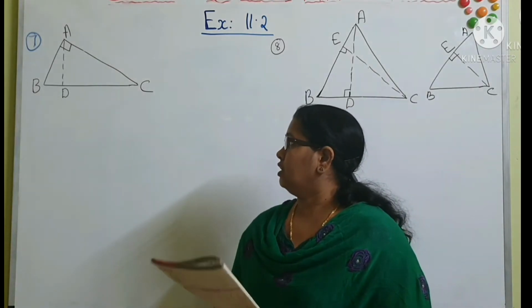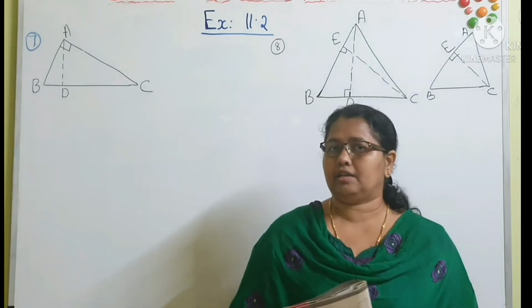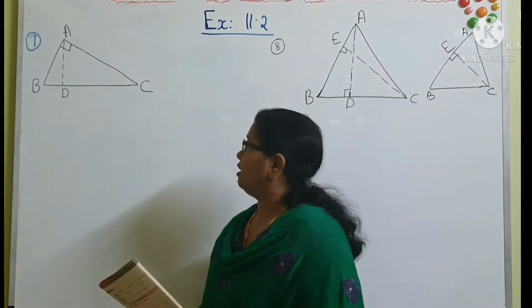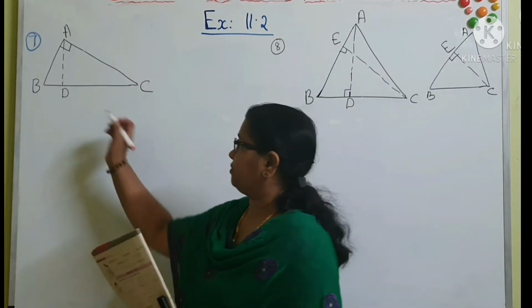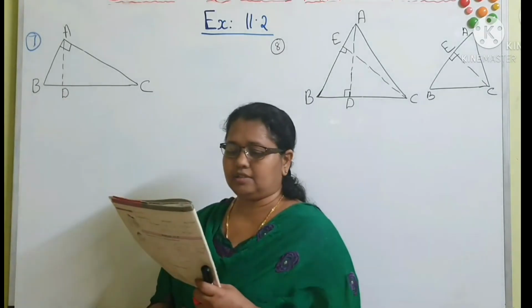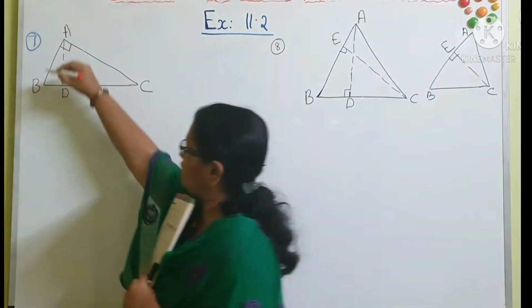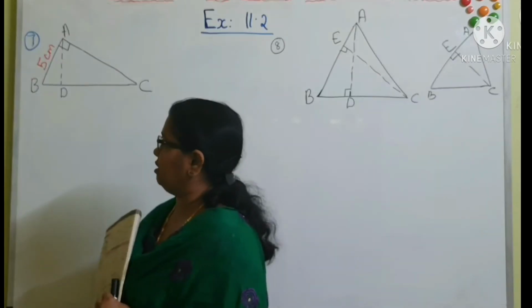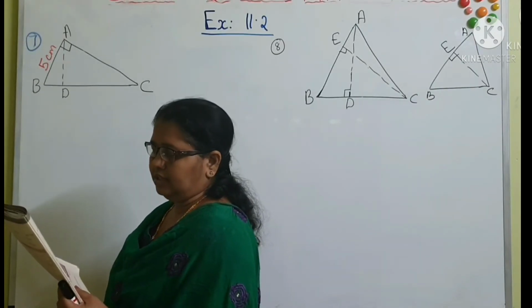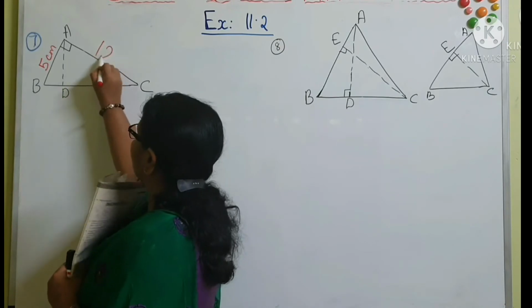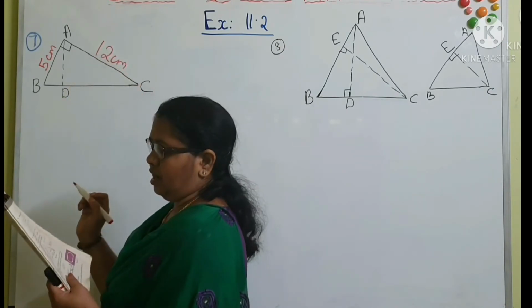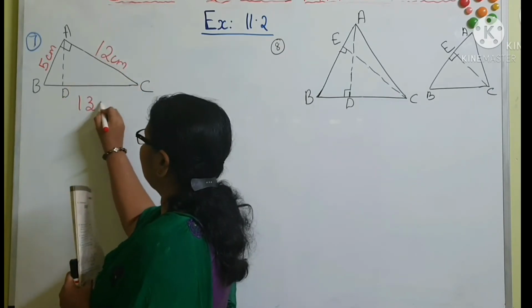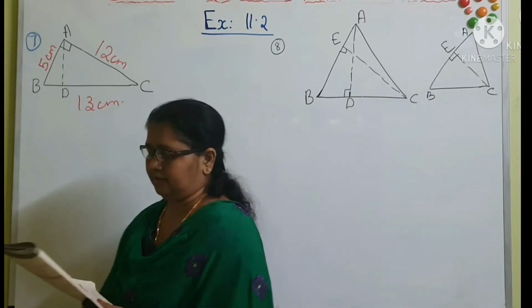The question is, ABC is a right angled triangle and right angled at A. Then given sides are AB is equal to 5 cm, AC is equal to 12 cm and BC is equal to 13 cm.